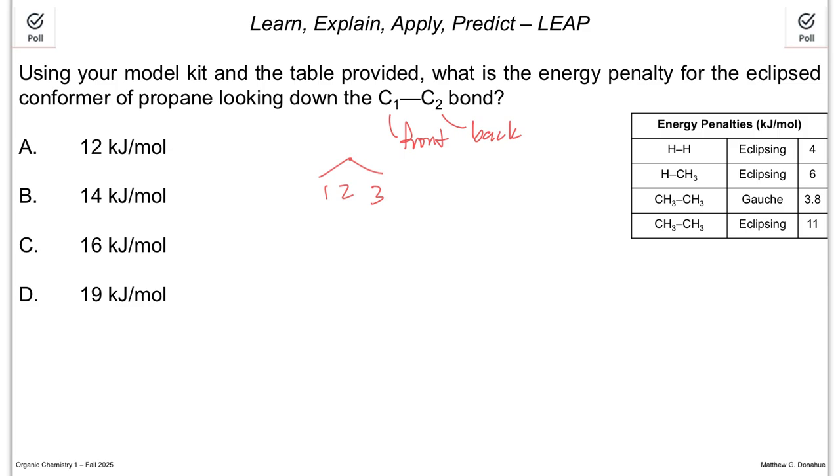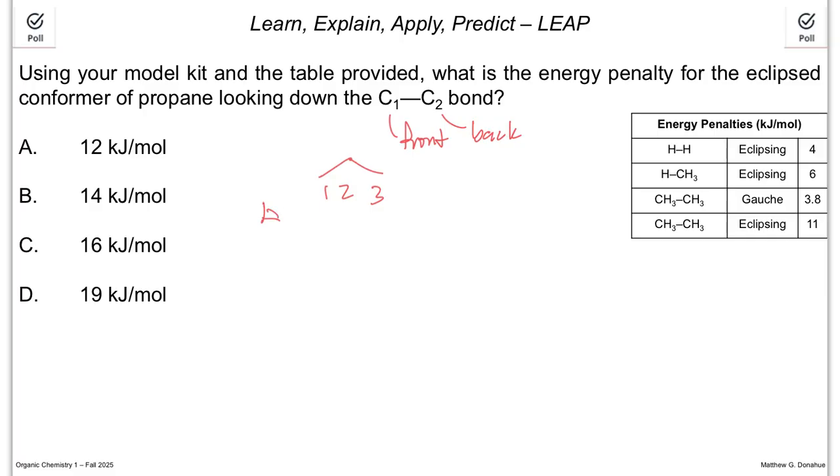So when you're reading these questions, it's always going to give you a perspective. So C1 to C2, we want to put C1 in front and then C2 in back. And again, the Newman projection will change based on how that is designated. So let's just go ahead and draw this out, and we'll do one rotation and see what the penalty of that is.